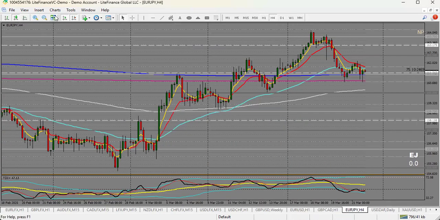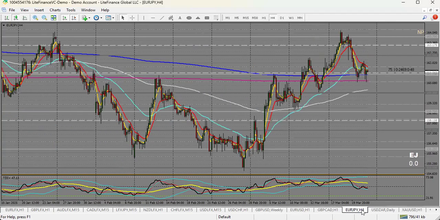So this is the 4-hour time frame. The TDI is at the middle level and is showing signs of making a W here. The first leg is already a sharp finger.